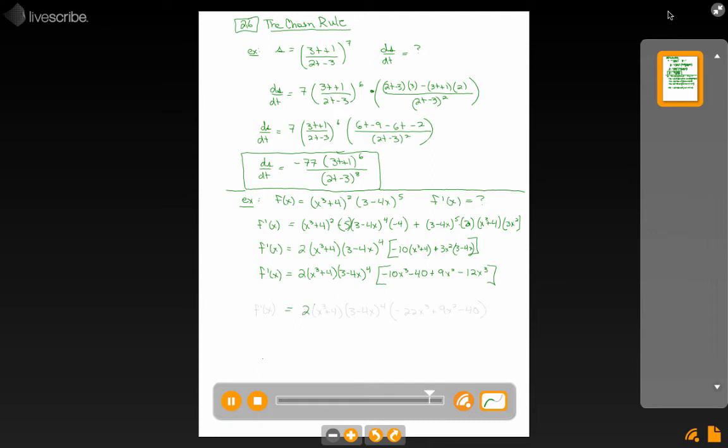So I have 2 times (x cubed plus 4) times (3 minus 4x) to the 4 times, and now what do I have here? Negative 22x cubed plus 9x squared minus 40. And we have an expression for the derivative. It required us to know our product rule for sure, but as well to know our chain rule to get there.